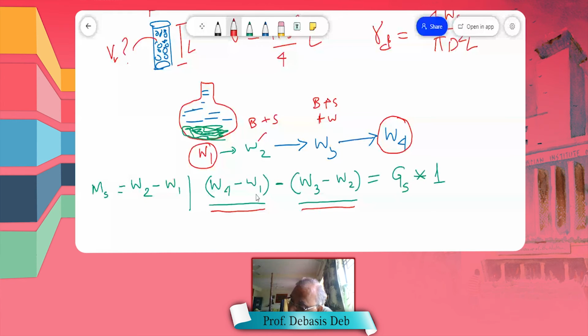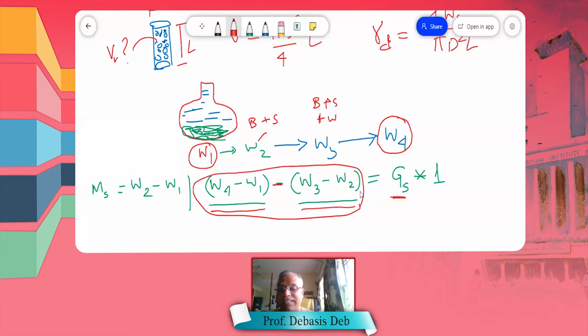Now this is the total. When I subtract that, this gives me the weight which is filled by the solid, the weight of the water we would get if it were filled in that particular solid volume space.